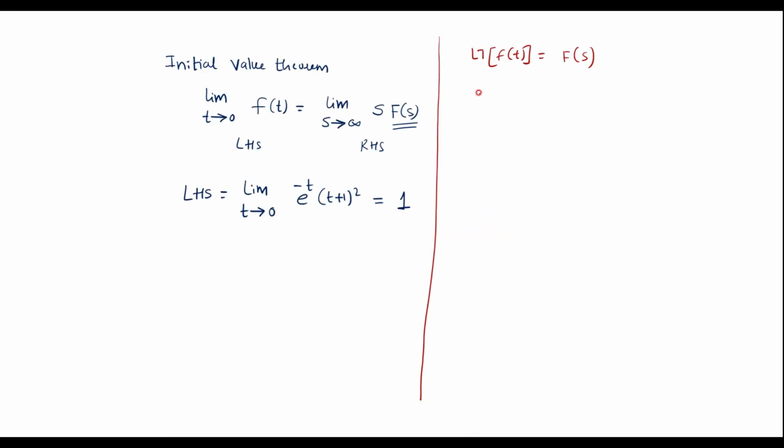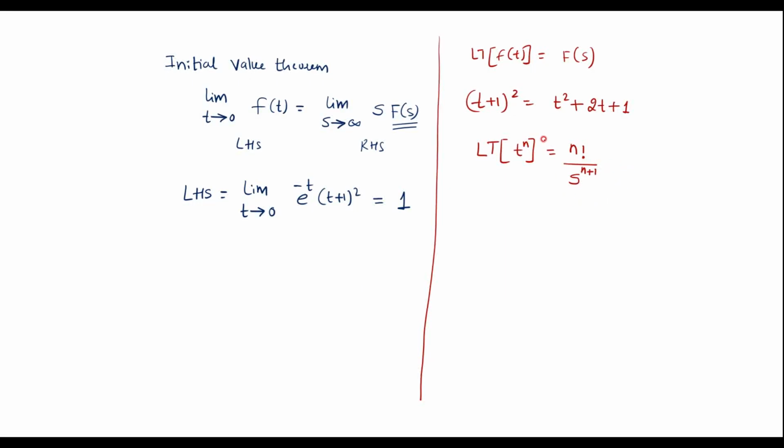So we know that t plus 1 whole square will be equal to t square plus 2t plus 1. So we know the formula, that is Laplace transform of t power n is equal to n factorial divided by s power n plus 1.